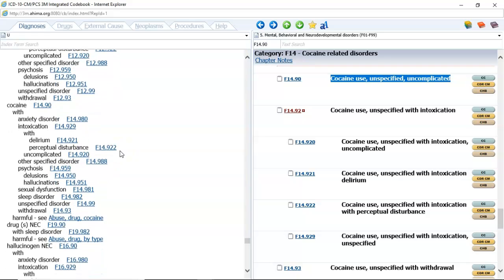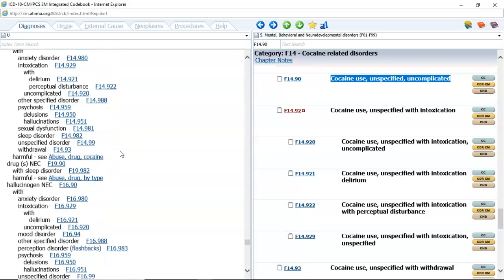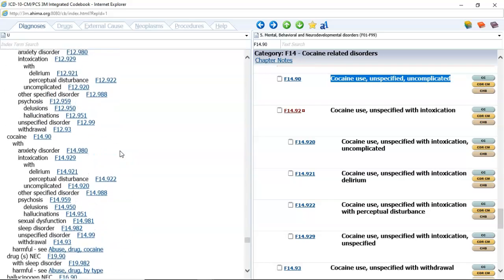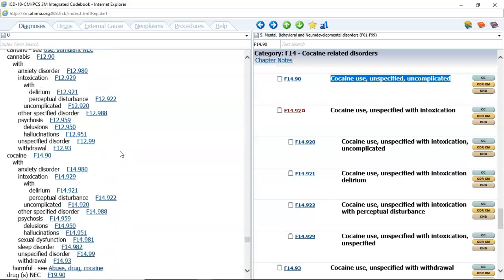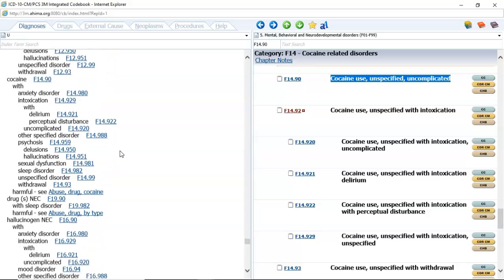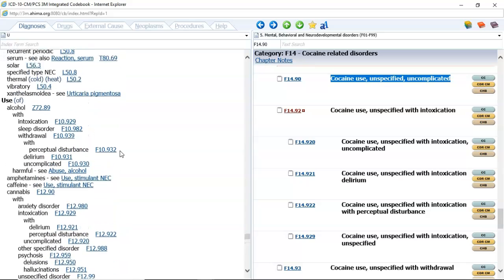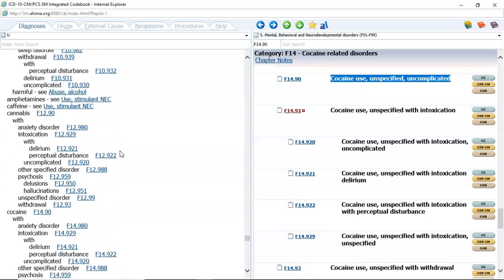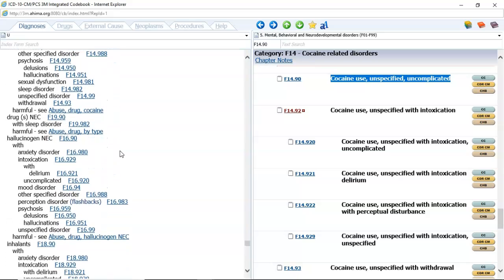So I guess occasional alcohol is not something that typically we would code, but other drugs are. So just keep that in mind. Usually, if someone is documented as using these types of drugs, you can code them.